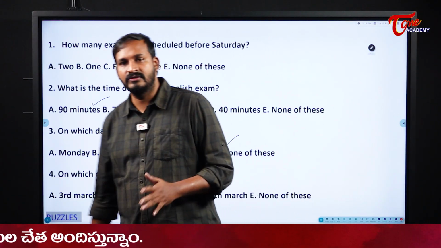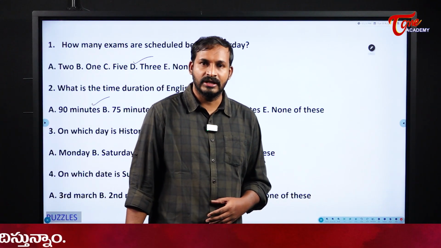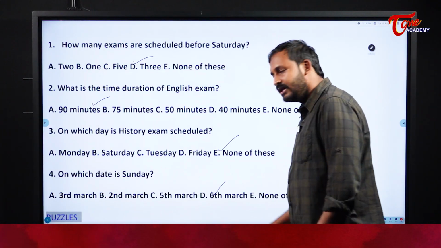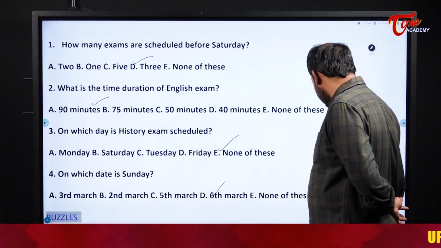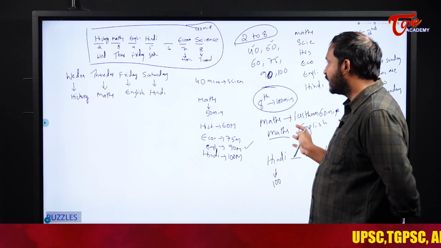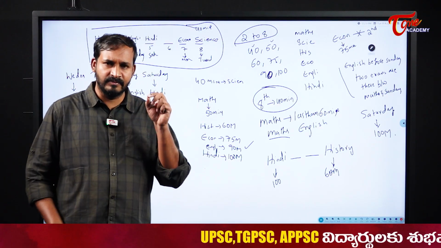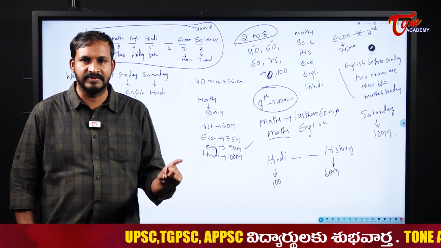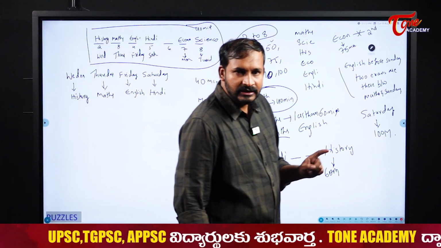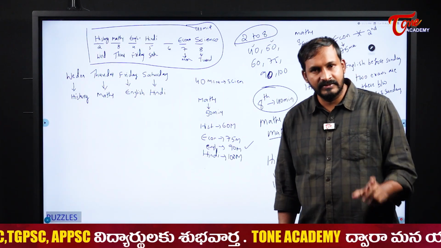So this is how we need to solve the problems. Read the data carefully. Try to write it in a detailed manner and then try to break the things. Don't read the question again and again. That is the simple logic in these puzzles or seating arrangement. I am telling you very effectively. Why?